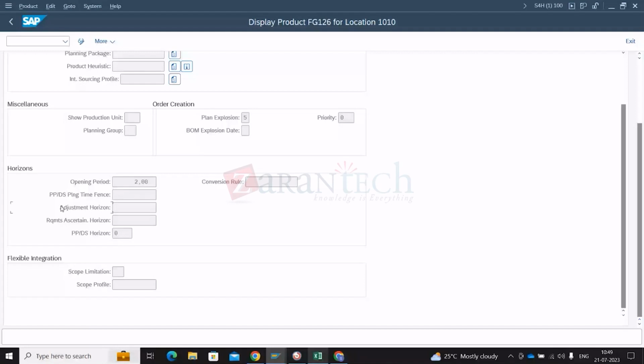Okay. Fine. There are two more horizons here: the adjustment horizon and the requirement ascertain horizon. Basically, in a nutshell, this is related to the make to order scenario, where if you put up some sort of horizon here, then the system, while converting orders from plan order to production order, will only convert those orders which have a sales order associated with them. Because we have seen we create plan orders for both sales orders and forecast, correct?